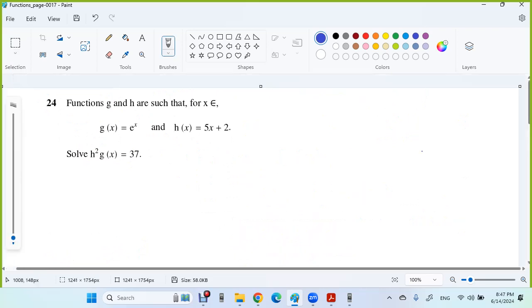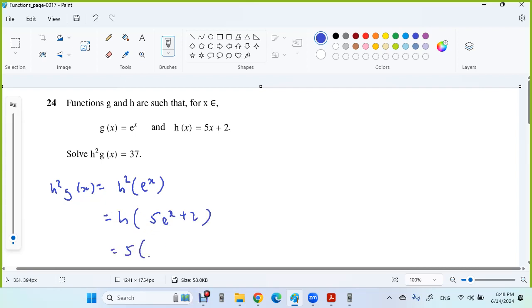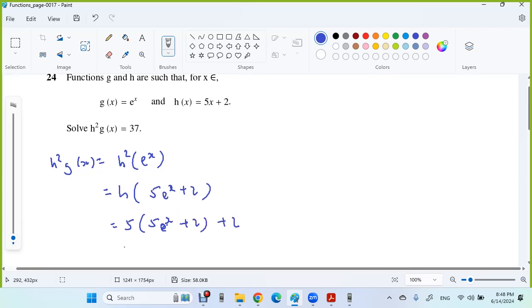Okay, done. Question number 24. We have h squared of g(x) equal to 37. So h squared is h of h(x), so it's h of (5e^x plus 2), then 5 times (5e^x plus 2) plus 2, so we have 25e^x plus 10 plus 2.